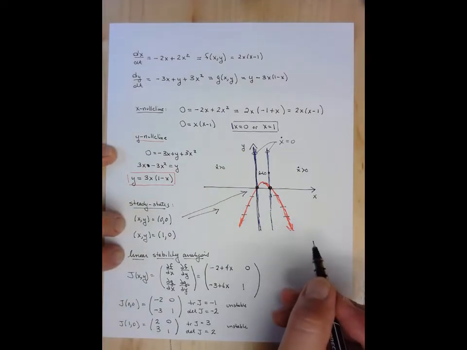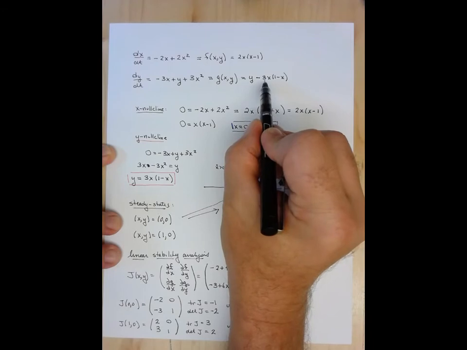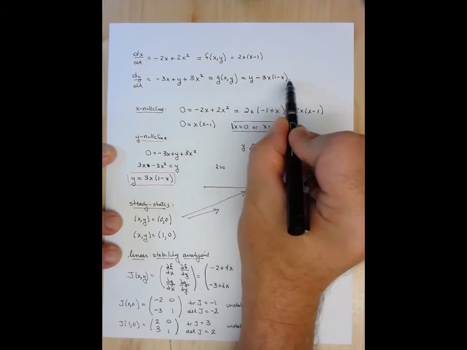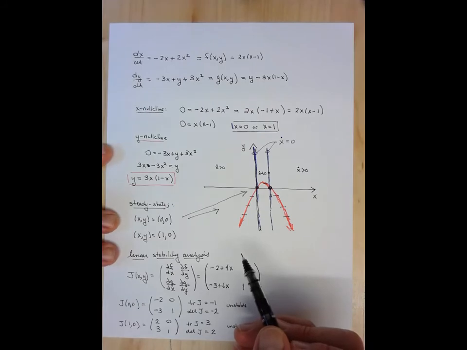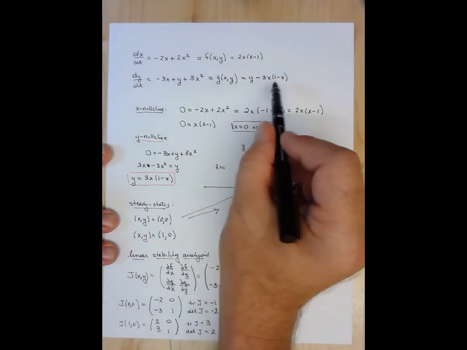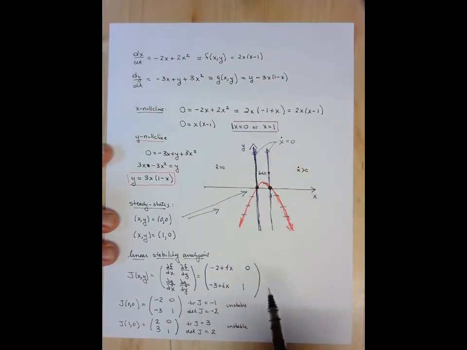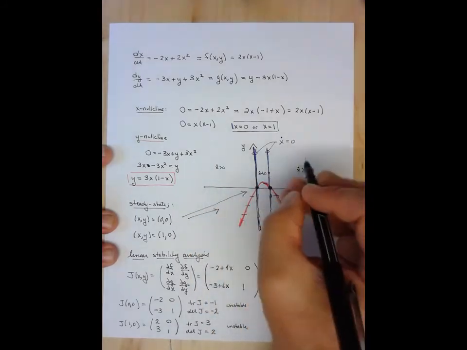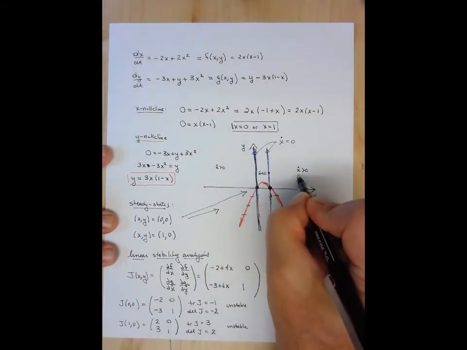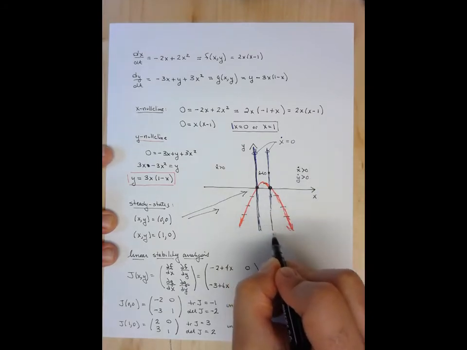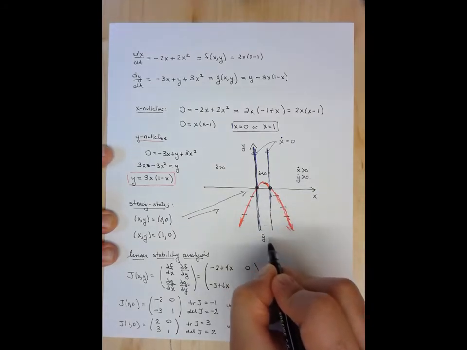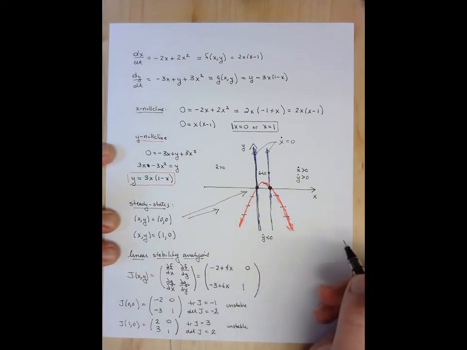And this means that if y is greater than 3x times (1 minus x), meaning we're above the parabola, the rate of change of y will be positive. And if y is less than 3x times (1 minus x), the rate of change of y will be negative. So up here above the parabola, the rate of change of y is positive, and below the parabola, the rate of change of y is negative.